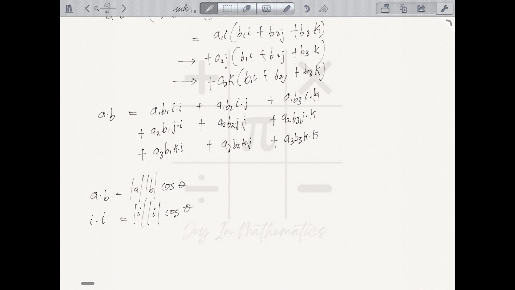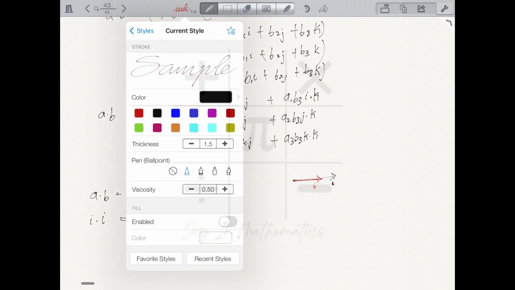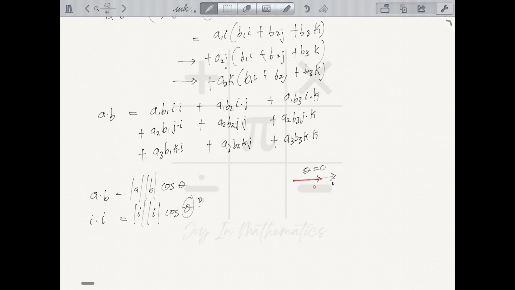Now the question is, what is the angle theta? We have i in the x direction, and we also have another i in the x direction. We can see that the angle between these two i's is 0 degrees.